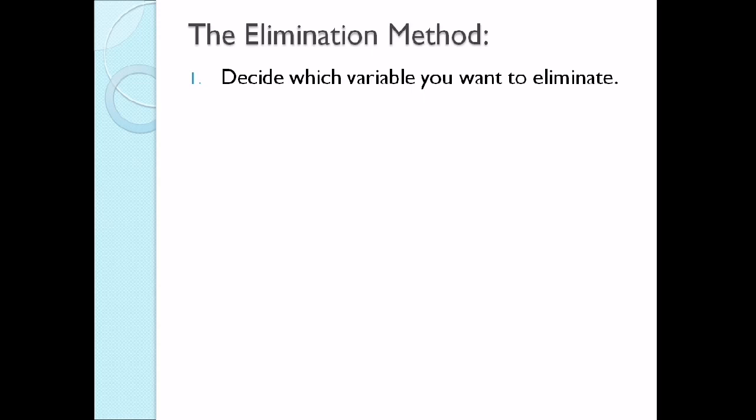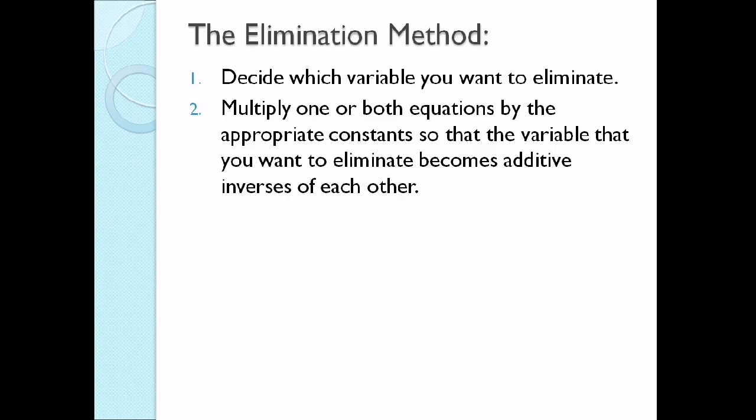First, decide which variable you want to eliminate. Second, multiply one or both equations by the appropriate constants so that the variable that you want to eliminate becomes additive inverses of each other.